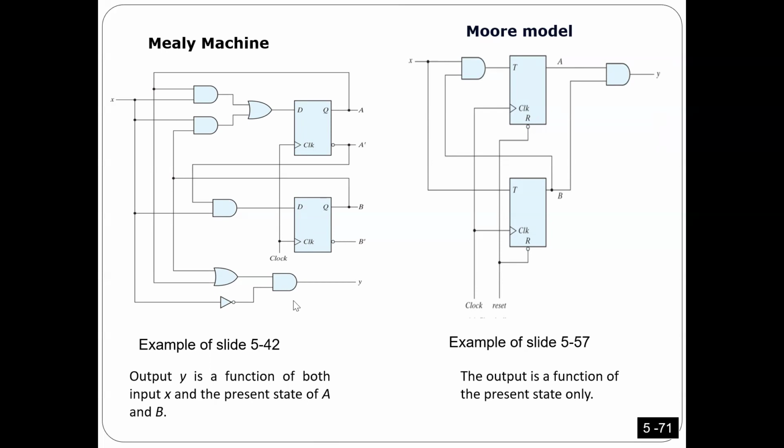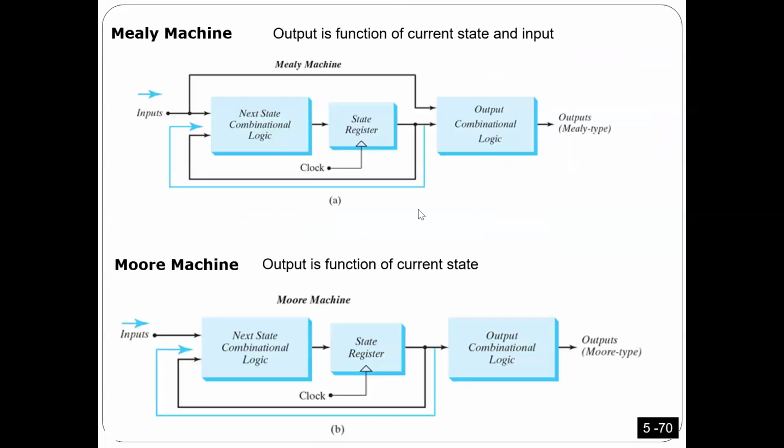Look here, guys. Only look at the output. If the output is a function of the states and also the input, this is what we call a Mealy circuit. So if the output is calculated from the input and the state, that's what we call a Mealy machine, Mealy model, or Mealy circuit.